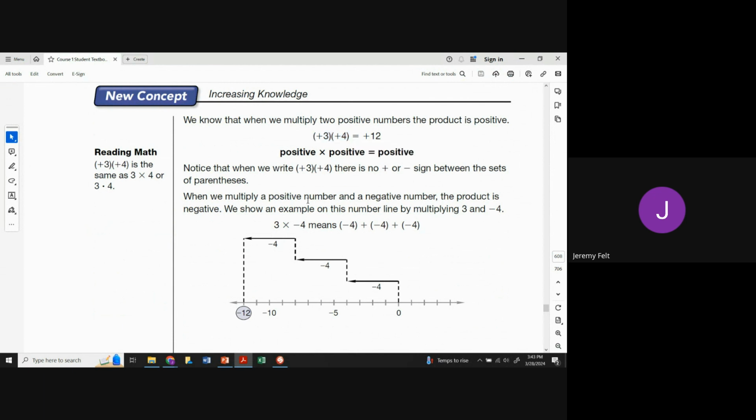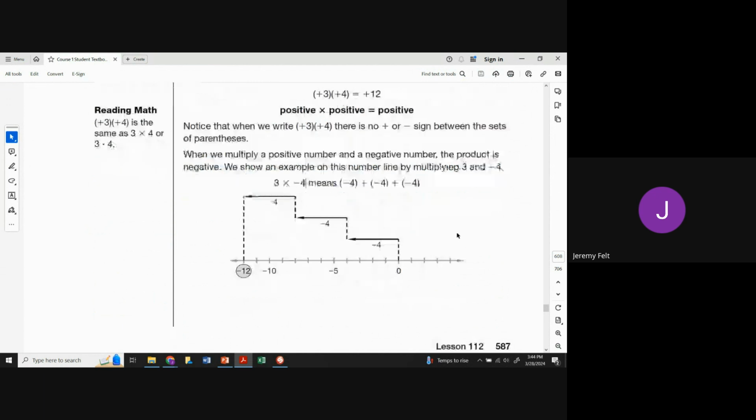So it ends up being a positive solution. 3 times -4 gives us -12 because I have one negative symbol. 1 is an odd number, so 3 times -4 gives me a negative solution.